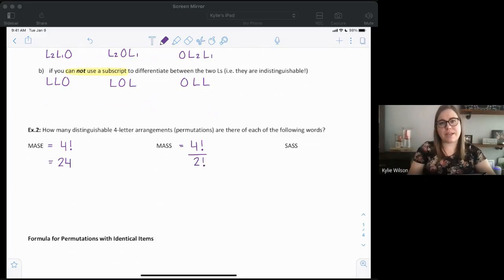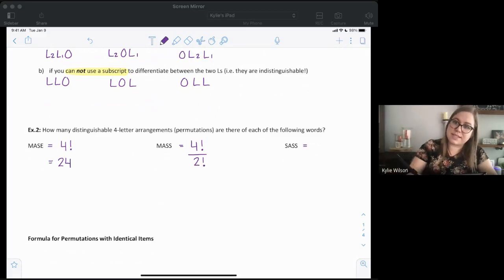The reason I'm dividing by 2 factorial is that for the S, it doesn't matter which one it is. So I can swap the S's, and dividing by 2 accounts for that and avoids double counting where the S's are swapped. It addresses all the ways the S's can move around, and we want to divide those out and not account for them.